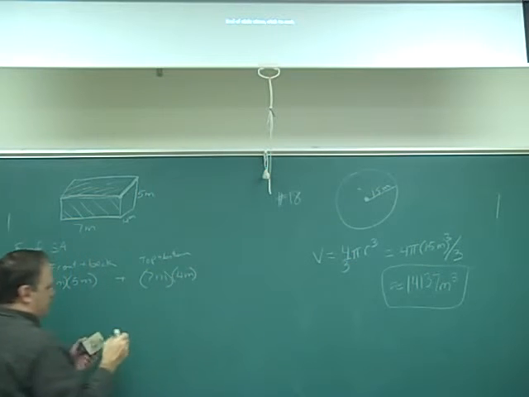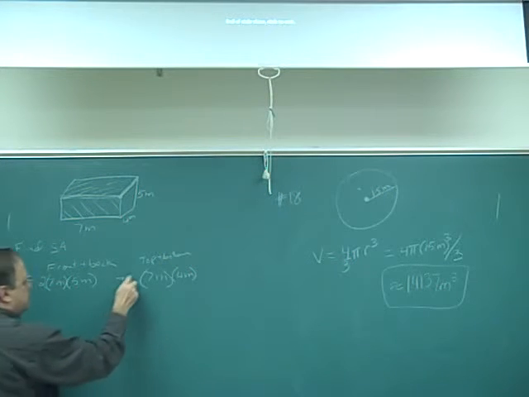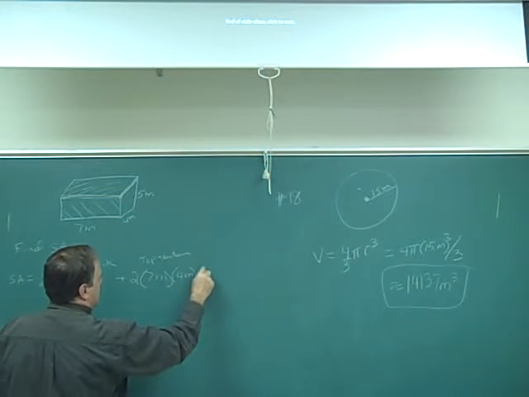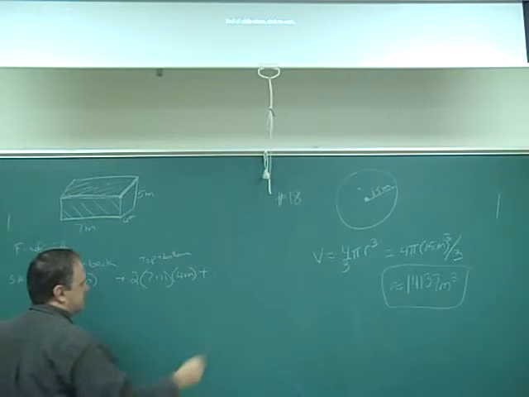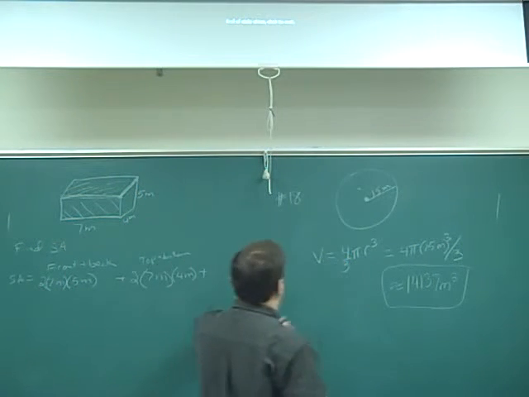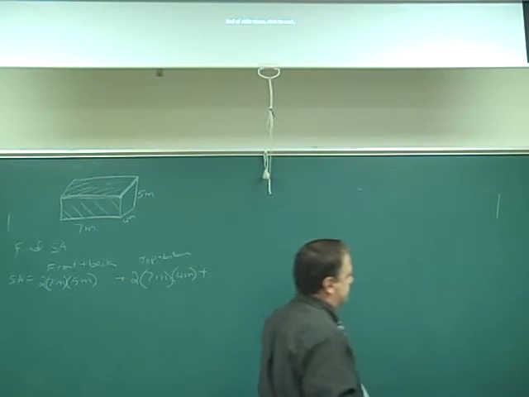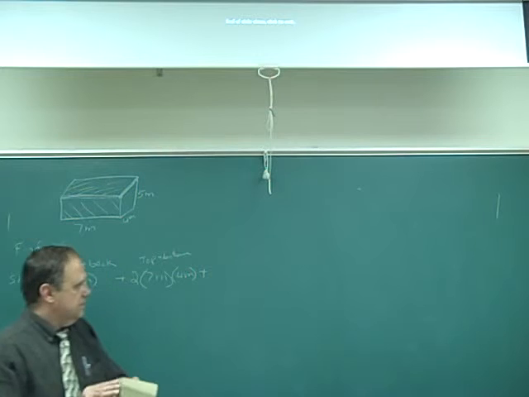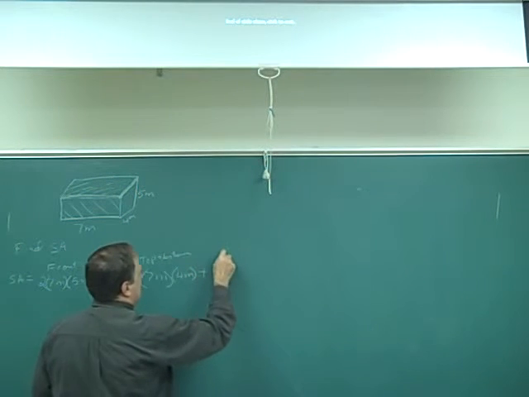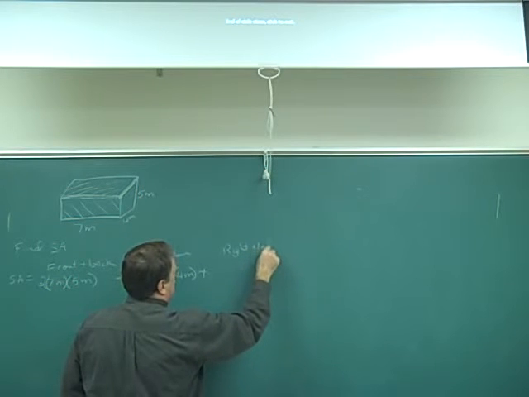But if we get the top, we also get the bottom, right? So we multiply that times 2. Plus, okay, well what's left? We got front and back, top and bottom. What's left? The right and left side, right. Right and left sides.